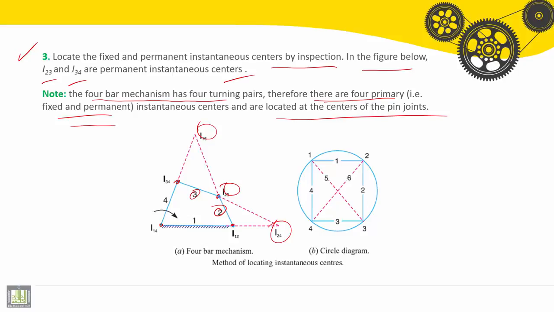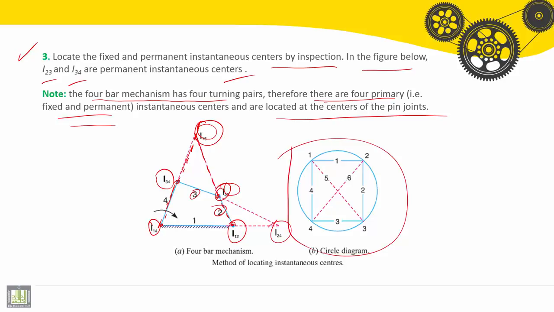Now, for the instantaneous center I13, you can remark that it is the intersection between the straight line I14, I34, and the line I12, I23.